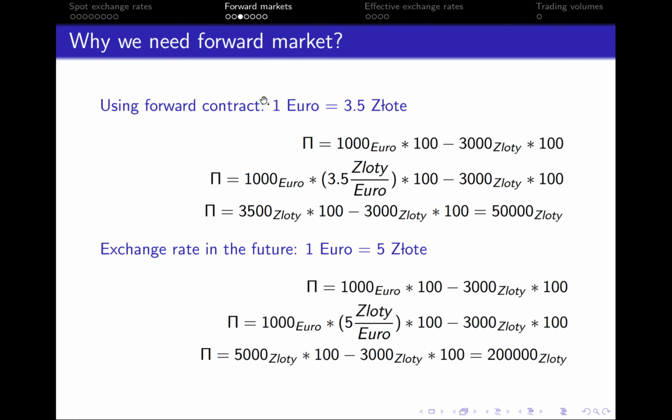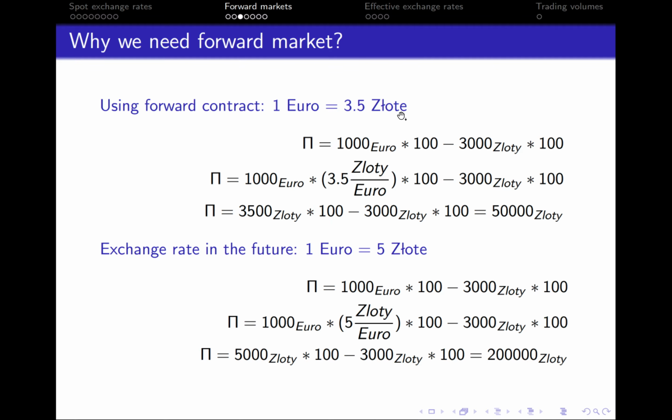In 1 year from now, we are going to sell you euros, 100,000 euros, and for each euro we're gonna sell to you, you're gonna pay us 3 zloty and 50 groszy.